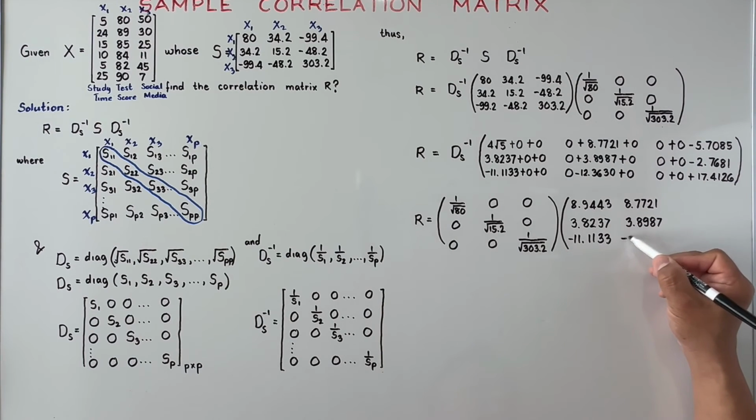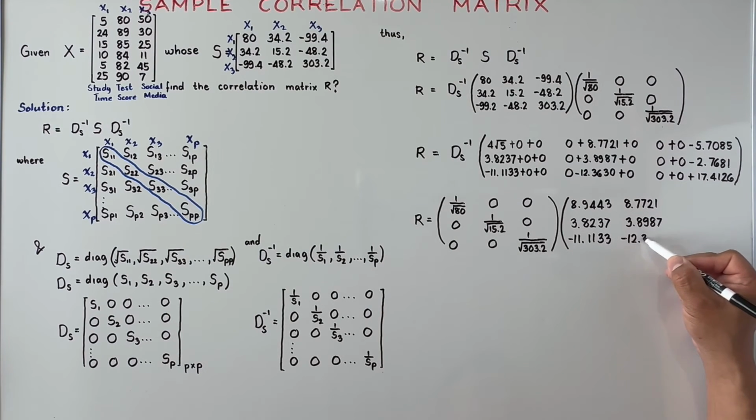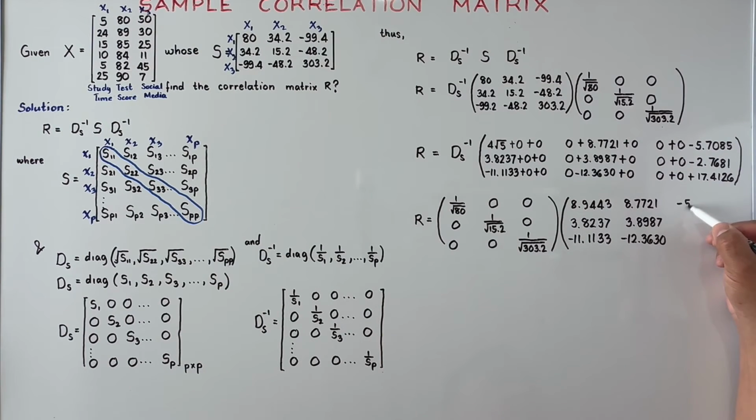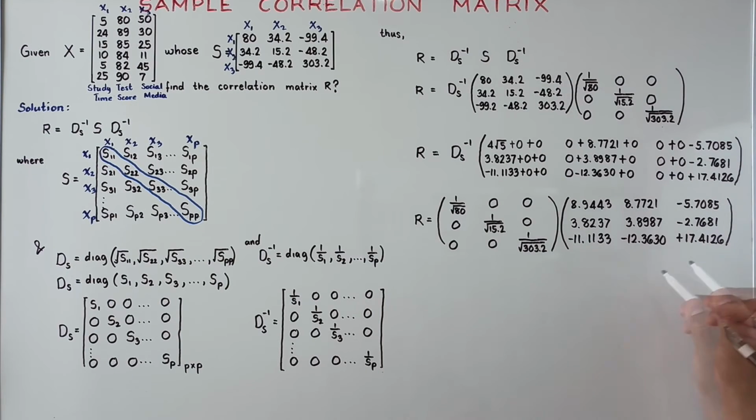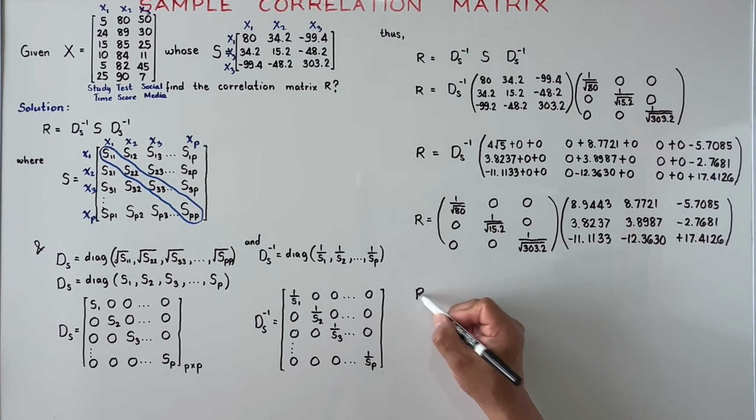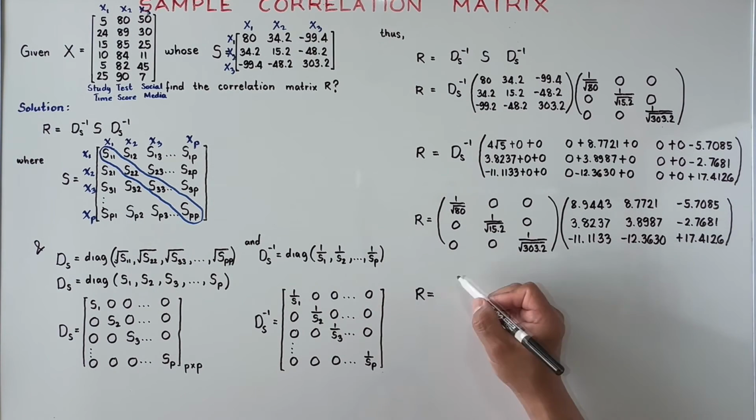Also this is negative 12.3630, and this is negative 5.7085, and this is negative 2.7681, and we have positive 17.4126 here. So our sample correlation matrix R is the product of these two matrices.